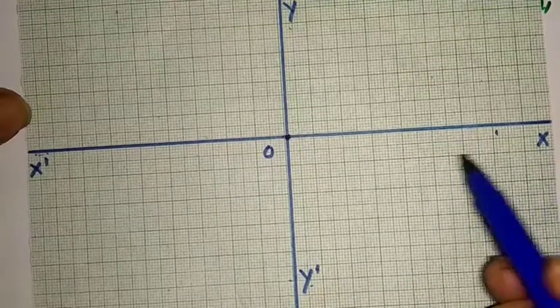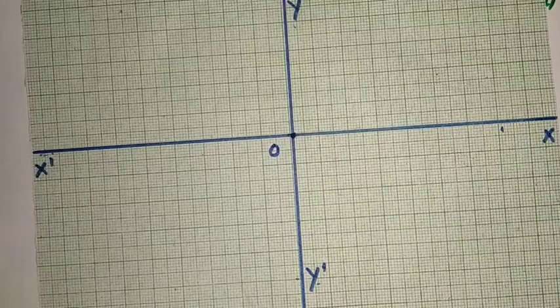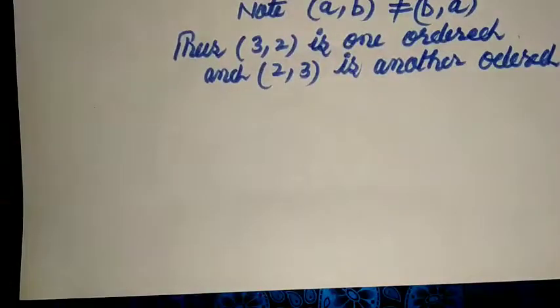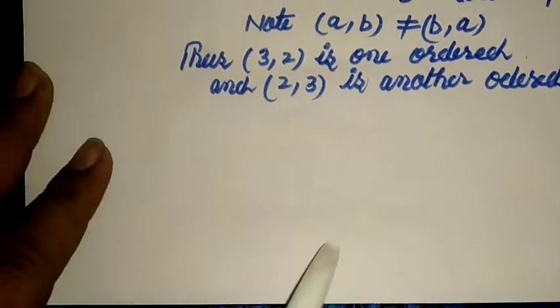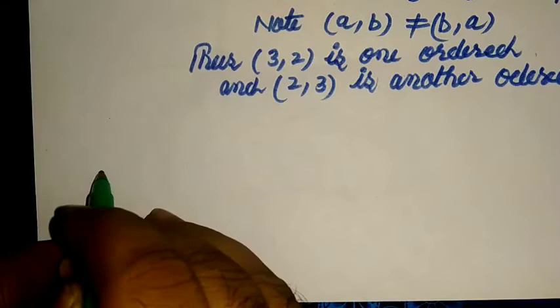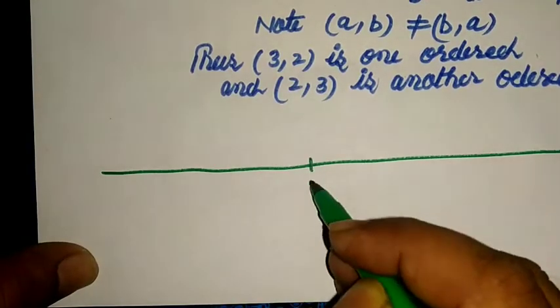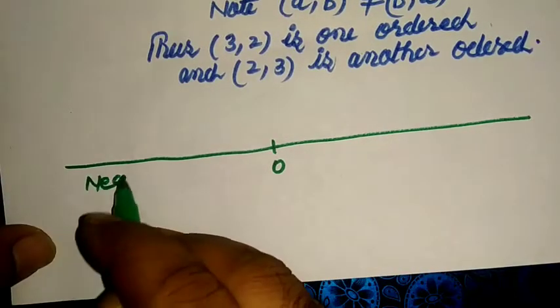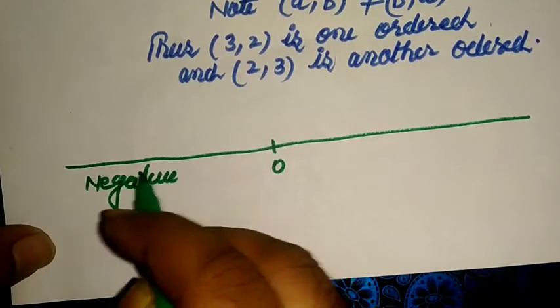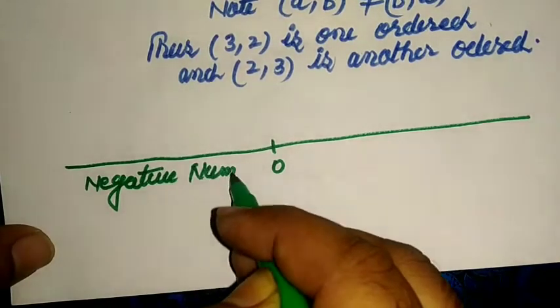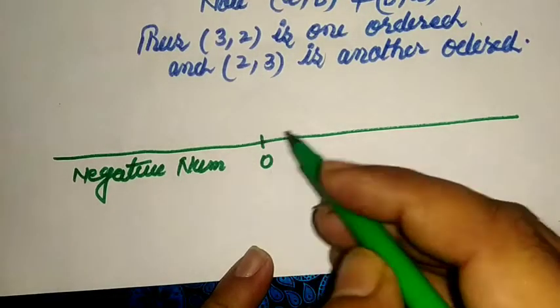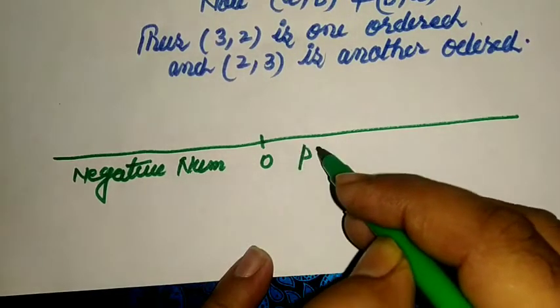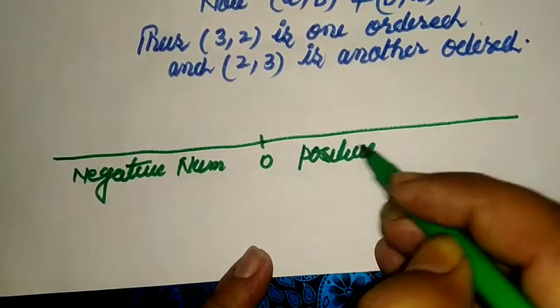Now convention of sign. We are familiar from the first chapter that if we draw a number line here, and between we take 0, so on the left side we have negative numbers, and on the right side of 0 we can put positive numbers here, isn't it?